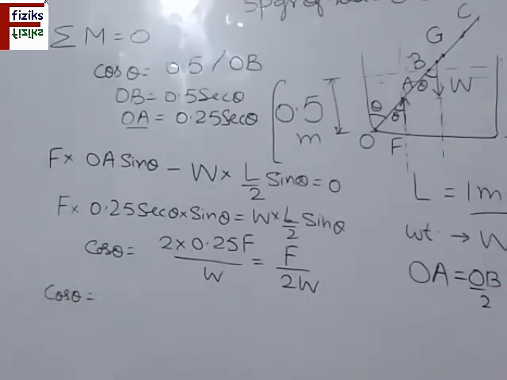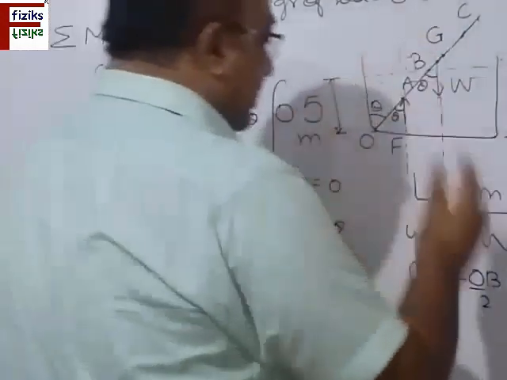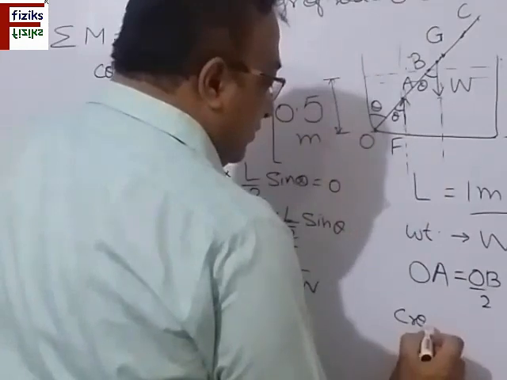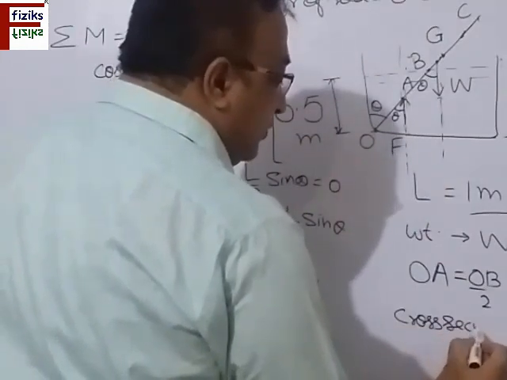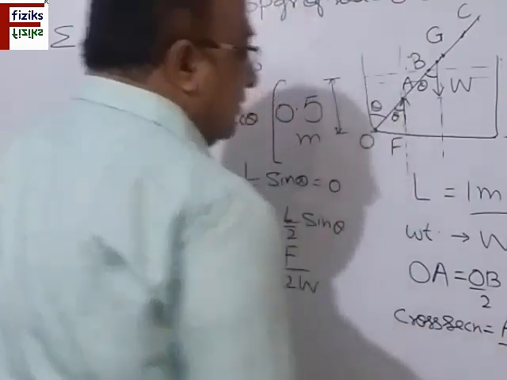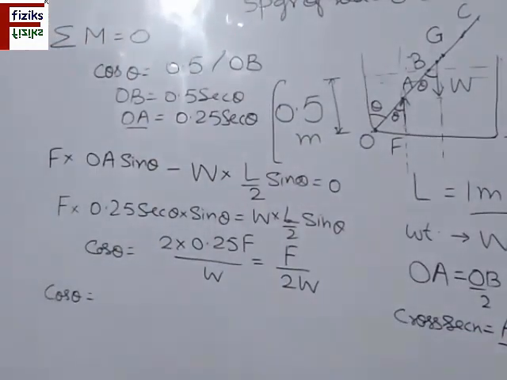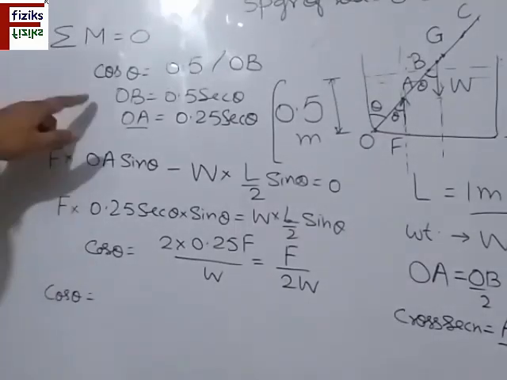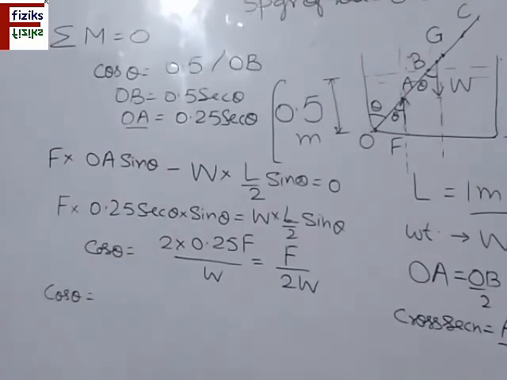What is the value of F? F is equal to thrust force. Now let us take the cross section area of the tube equal to A. So F I can write equal to thrust force because of the immersed volume. So immersed length is OB, 0.25 sec theta.